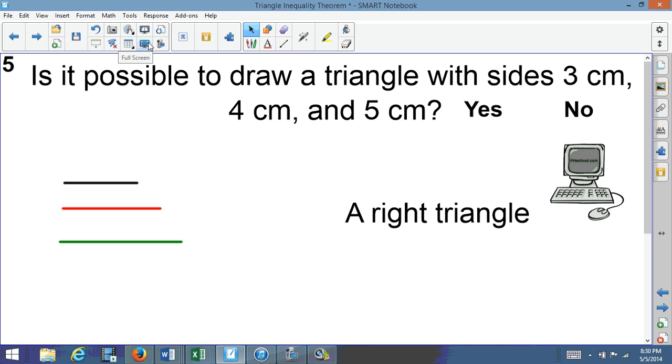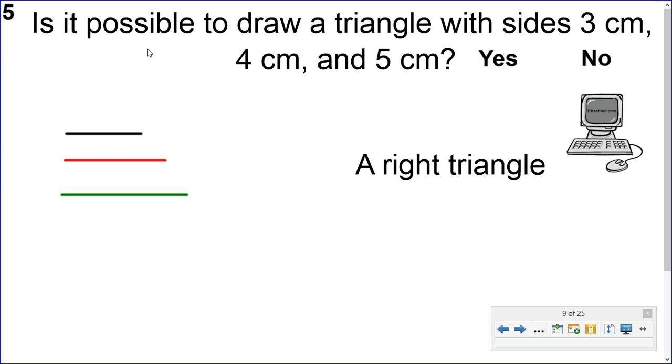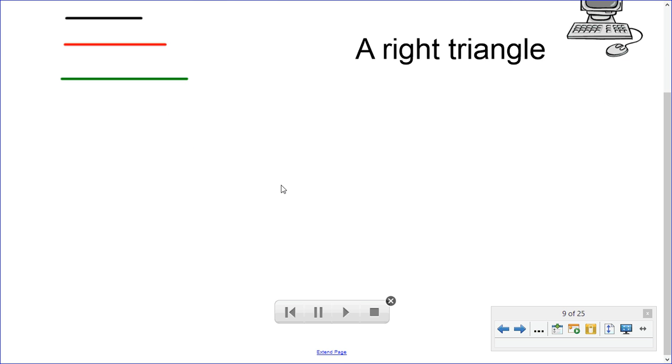So, is it possible to draw a triangle with sides 3 centimeters, 4 centimeters, and 5 centimeters? Yes or no? So let's see.